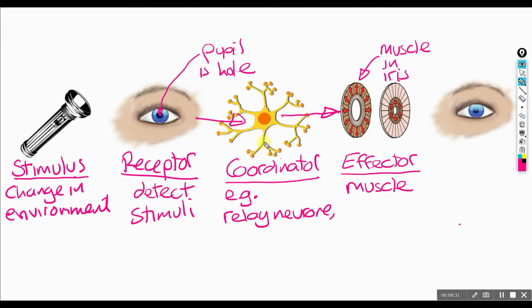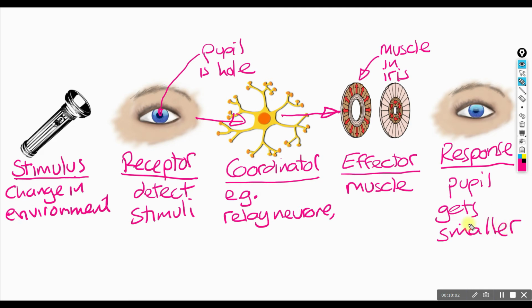It will send a message to a coordinator. The coordinator decides to send a message to the muscles in the eye to make them cause the pupil to get smaller. And the pupil getting smaller is called the response. Okay, do you see that?